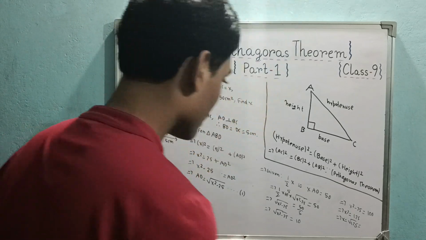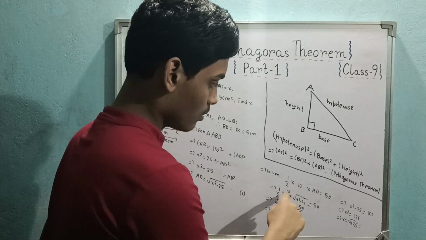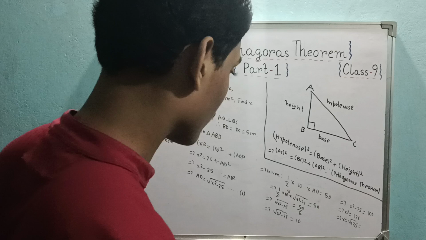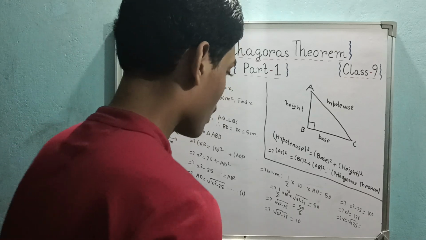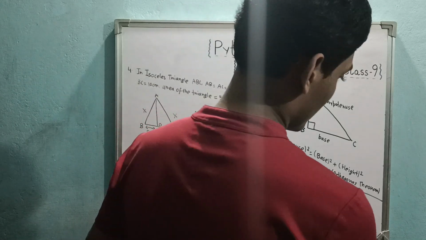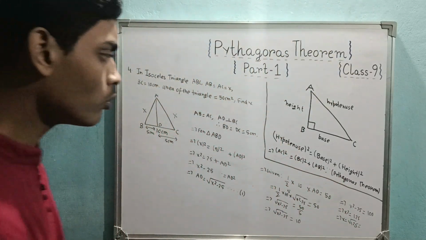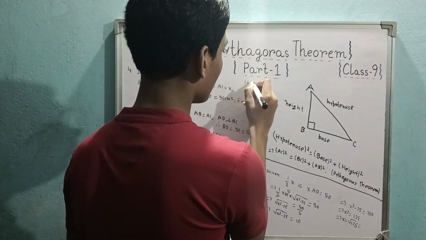So x is equal to root of 125, I think. Just see if I'm making a mistake here. 1 by 2 into 10, 5. So 5 into this equal to 50. This will be equal to this, by 5, square minus 25 equal to 100. x square equal to 125. So x will equal root 125. So let us just factorize 125 here.